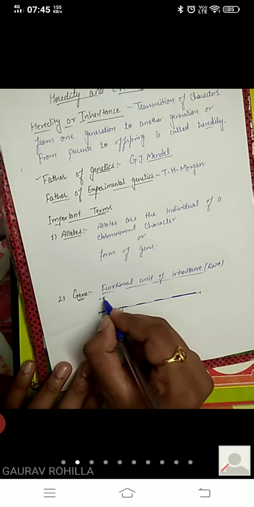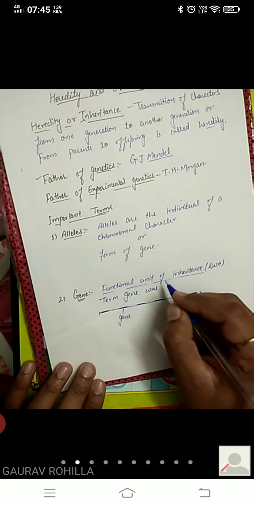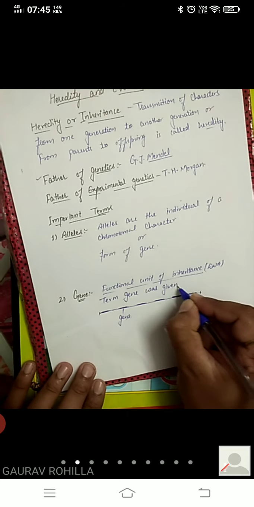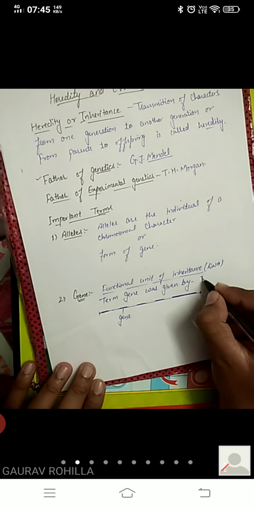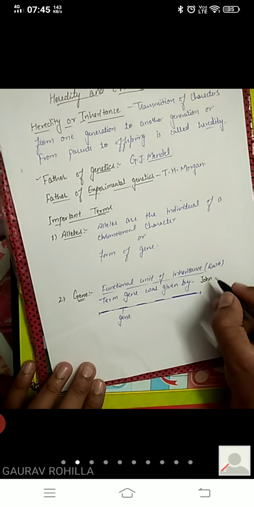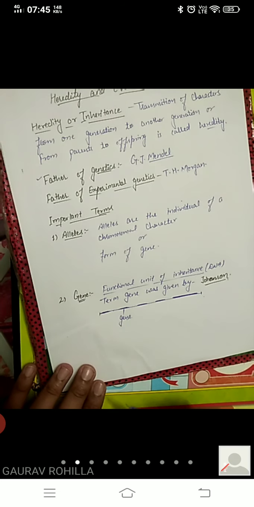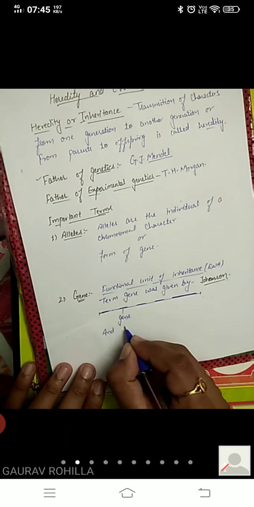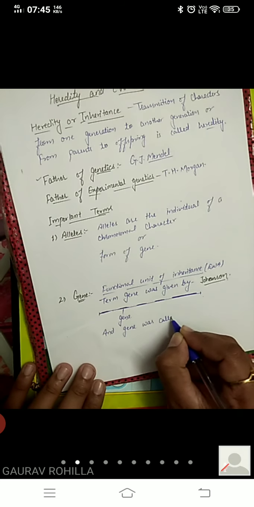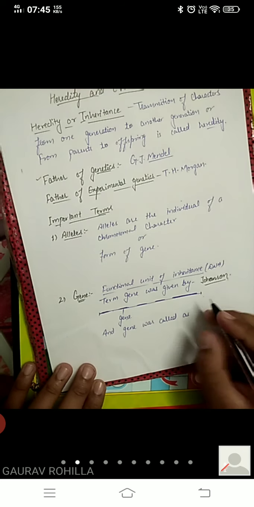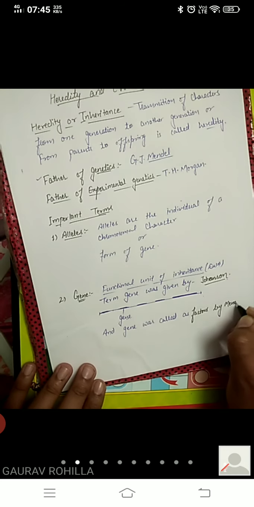First of all, the term gene was given by Johannsen, and gene was called factors by Mendel.